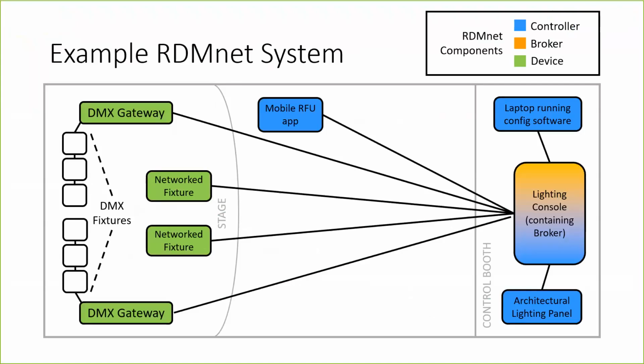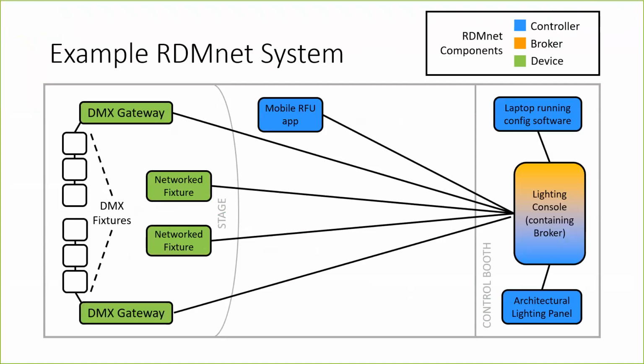Typically, your broker is just a component that's running in your lighting console, much the same way as a DHCP server is a component that runs inside of a network switch or inside of your router at home. It's just a function of the lighting console most of the time, but it is a separate component that is running inside there.